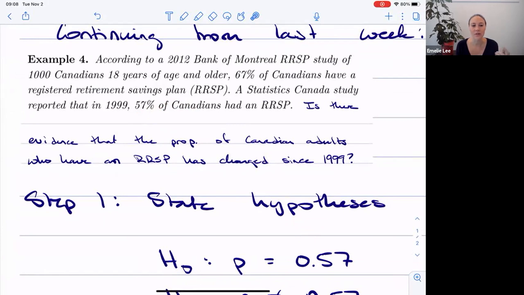I would argue that setting up your null and alternative hypotheses is potentially the hardest part of these questions, because that's when you decide what type of question you have. So far, we've only dealt with one type, a one sample proportion.